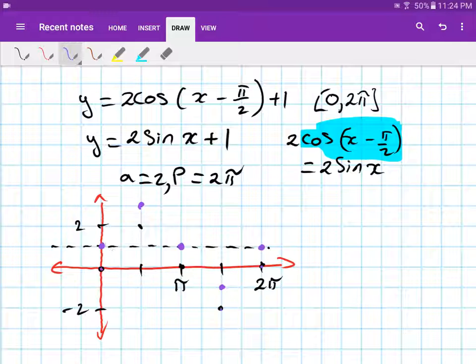Now I just join them together, so just look where we're going, just straight down, and then curve, and then up. So this is 2 cos (x minus pi over 2) plus 1. And this is the graph.